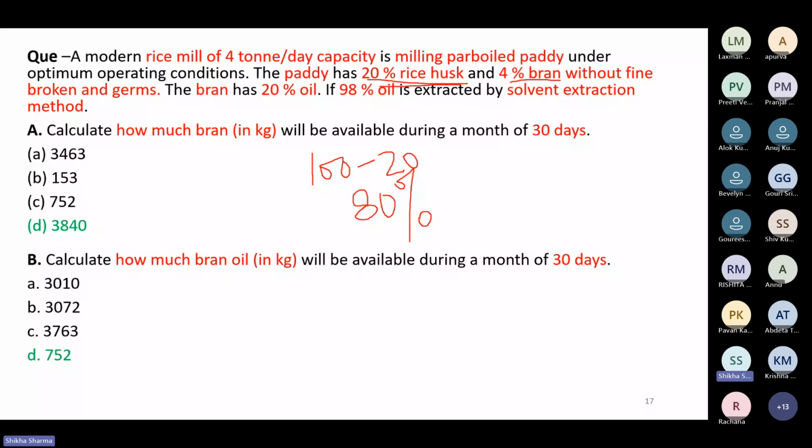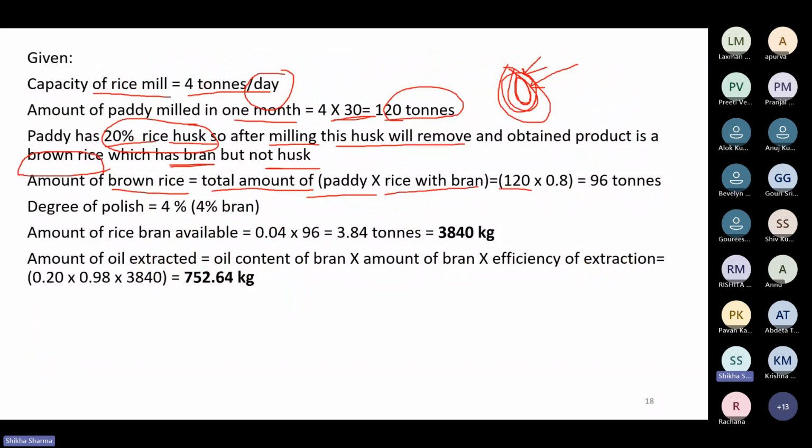Then if we talk about rice with about 120 tons, 80% is the rice with bran if we remove the husk part. So 80 divided by 100, which is 0.8.